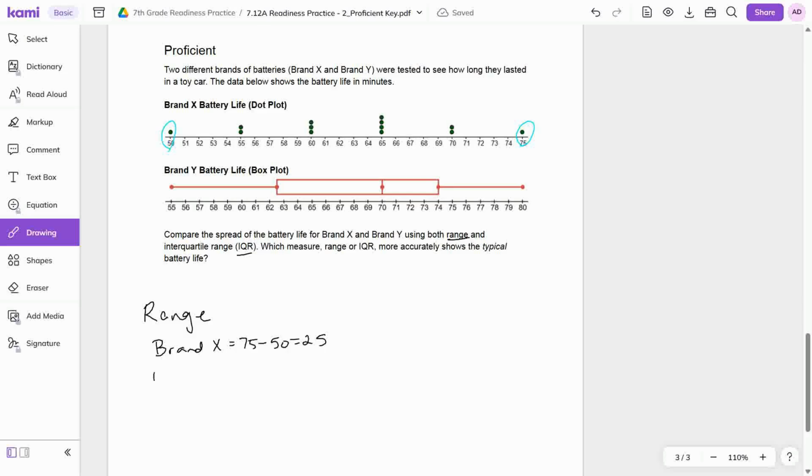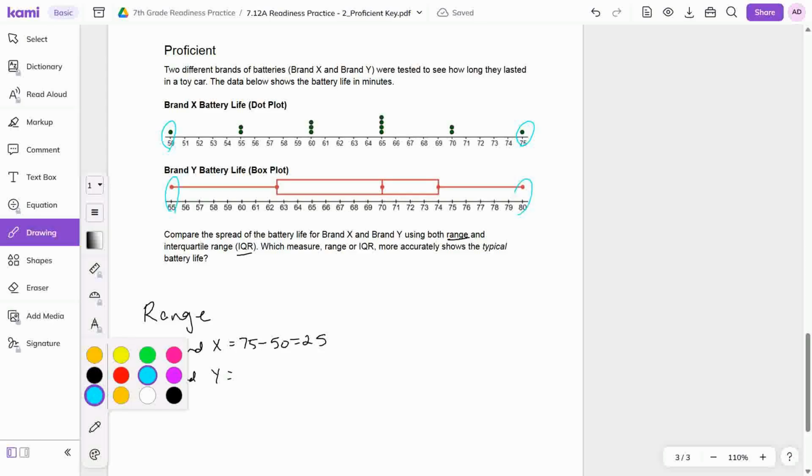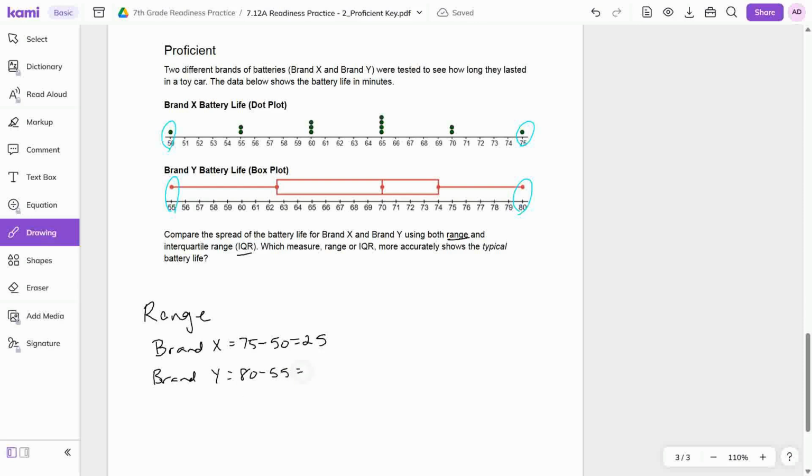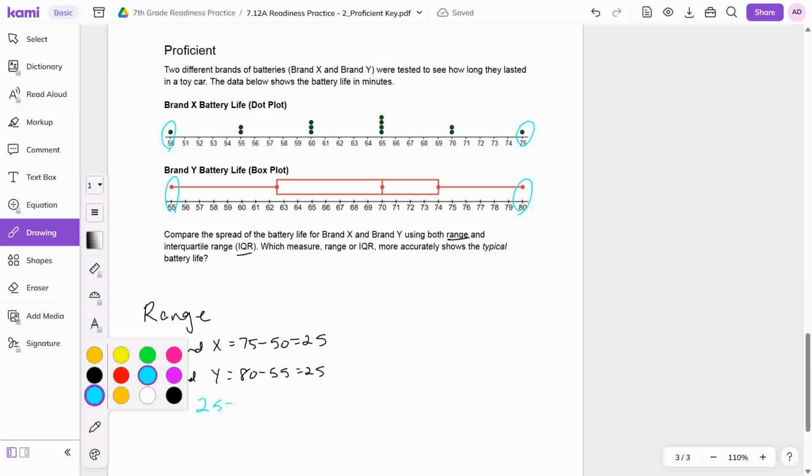So brand Y is going to be 55 and 80. So that's going to be 80 minus 55, and that's also 25. Okay, so it's another situation in which we have the same range. Okay, so the ranges are equal here. So we'll just kind of put that underneath. We'll say 25 equals 25.